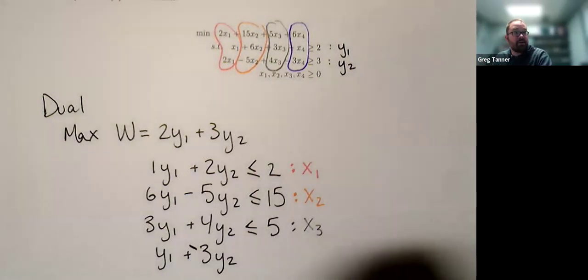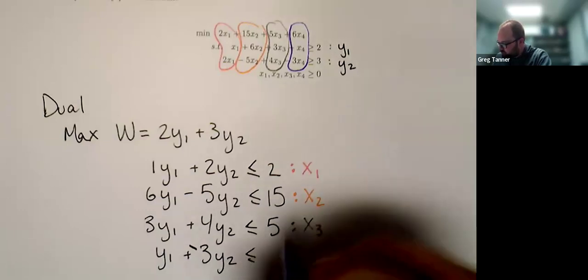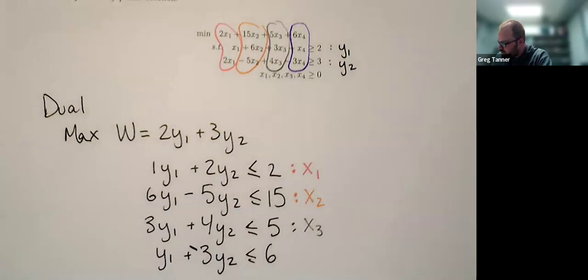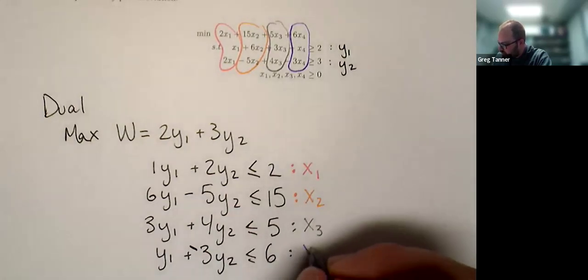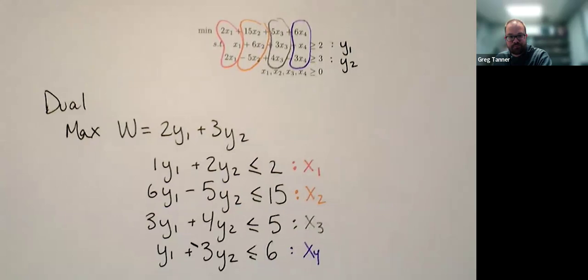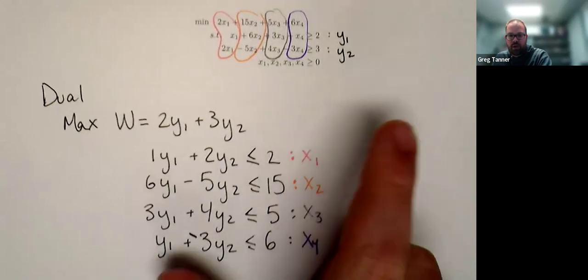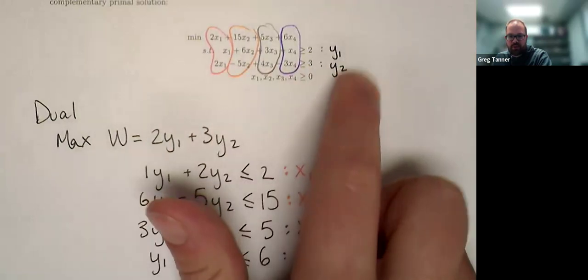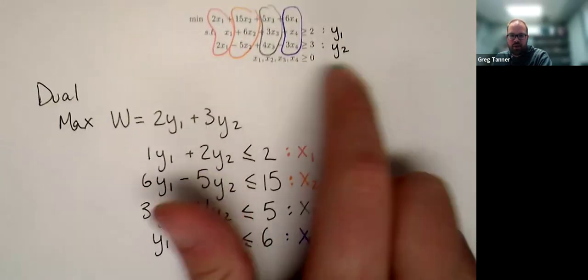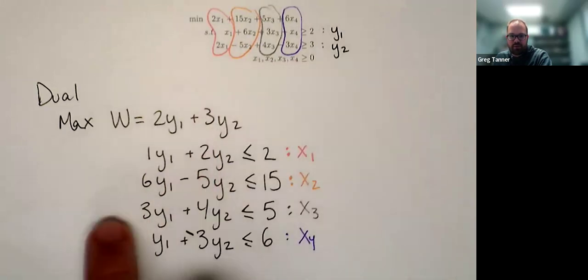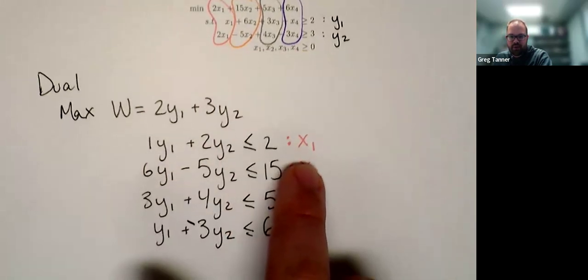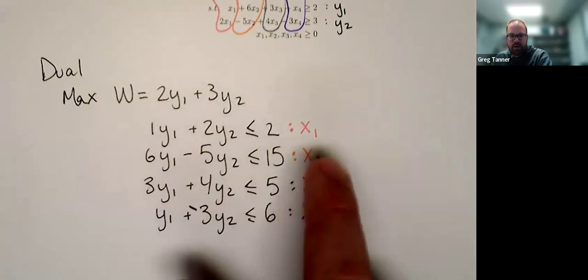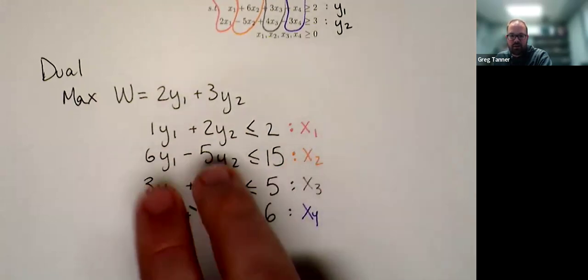And that's going to be less than or equal to, we had a 6 in the objective row before. And that's going to be the X4 constraint. Okay, so each primal constraint corresponds to a dual variable. Each primal variable corresponds to a dual constraint. Now this is a setup where I had 4 variables and 2 constraints, but now have 4 constraints and only 2 variables.